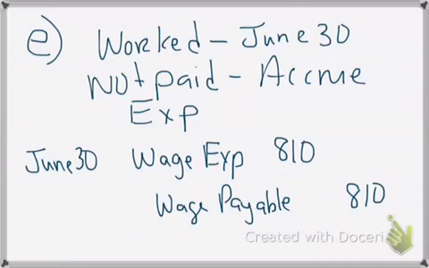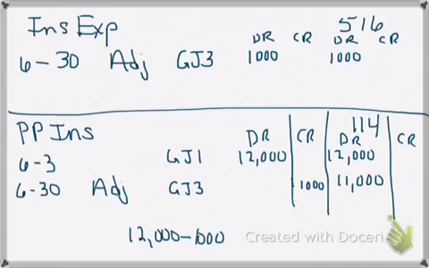For the last entry, we do have amounts already in the wages, and so we will have to look at that ledger and what balances we already have in that wage expense.